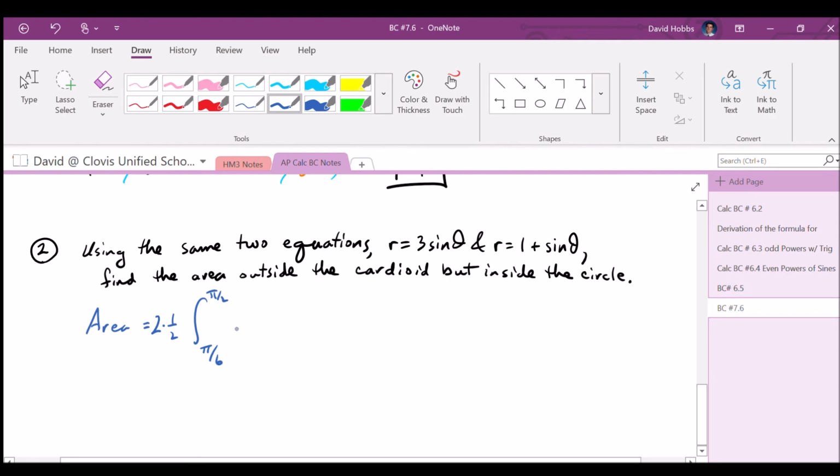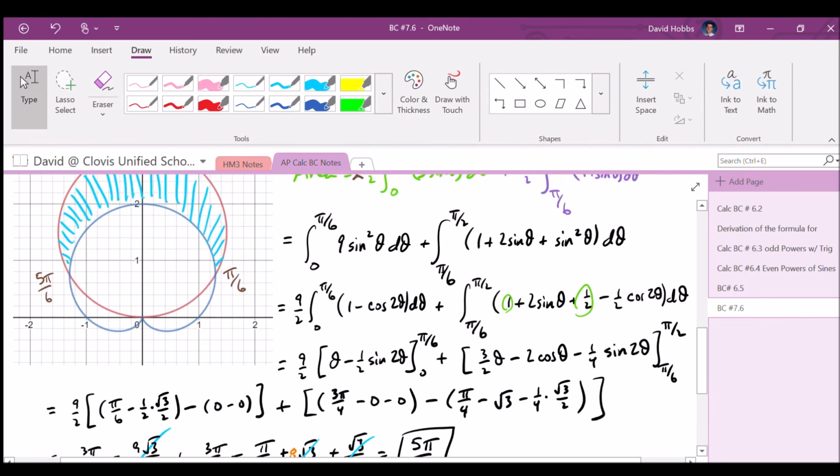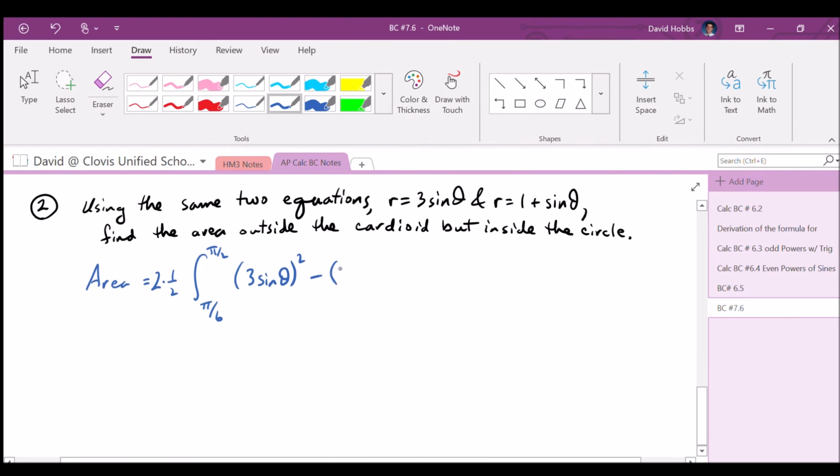So the circle, 3 sine theta squared minus, and my little r is the cardioid, so the 1 plus sine theta squared. Okay, so obviously the 2 times 1/2 cleans up. Pi over 6 to pi over 2.